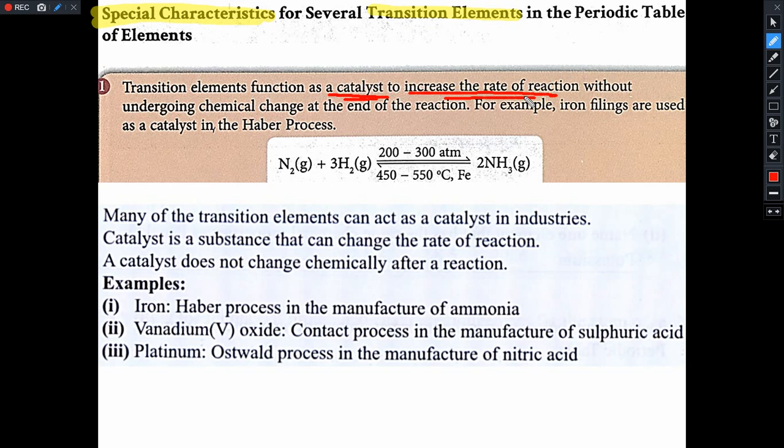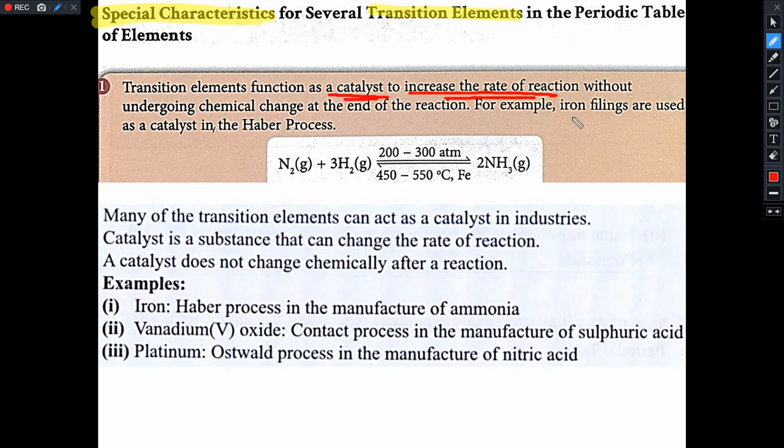But in biology, we call this substance an enzyme. In biology, we call the substance used to speed up the rate of reaction an enzyme. But in chemistry, we call this substance a catalyst.